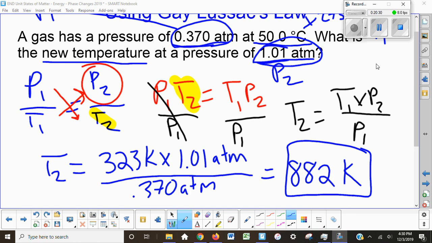Notice in all of these, the amount of gas was held constant, and then one of the other variables was removed from the equation, like it wasn't involved in the equation. That's going to be important for future lessons revolving around gas laws, when we're looking at them qualitatively and quantitatively.